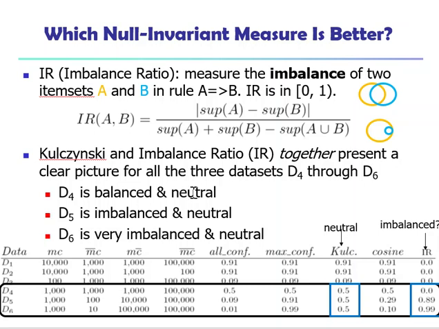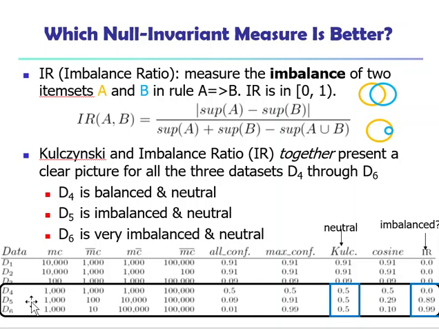And then talking about whether there is a positive association, negative association, or the association is neutral, we can again look at the buying, the co-occurrence. So here we already discussed D4 was neutral because the same number of people buying and not buying milk and coffee is roughly the same.